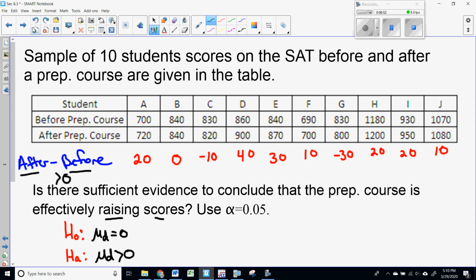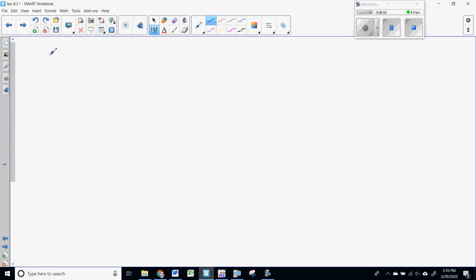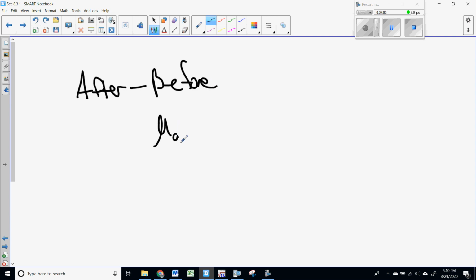If you think about it like you're going on a diet and you have after minus before, would that be greater than 0 or less than 0, if you're testing if the diet works?